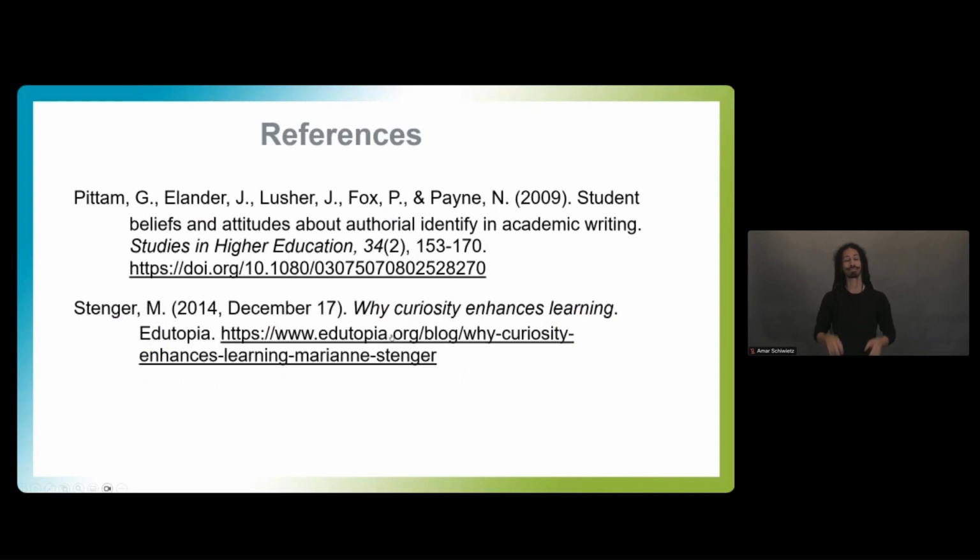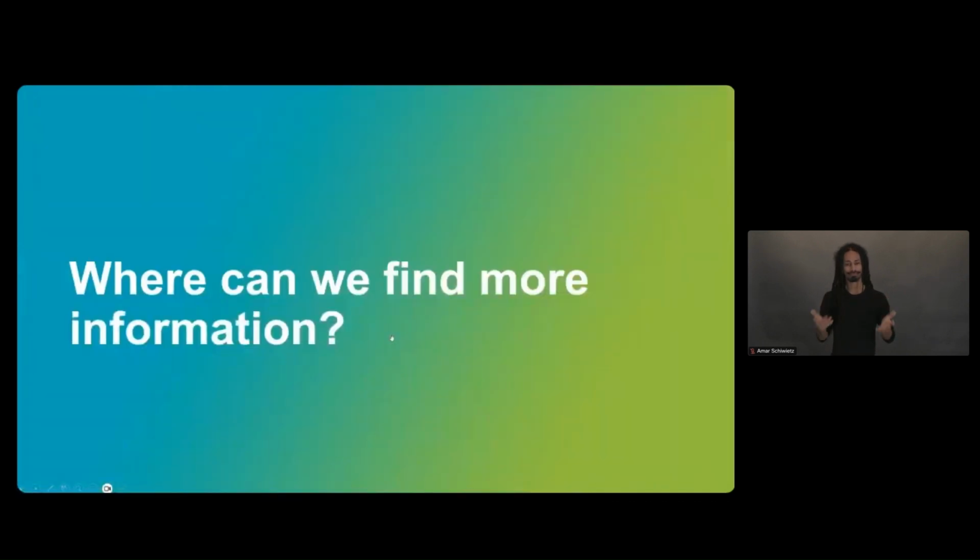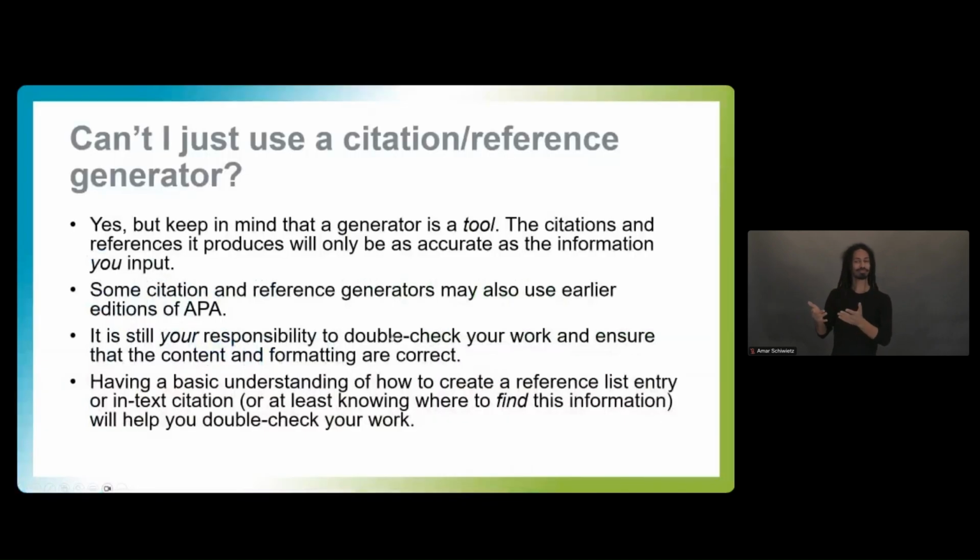Okay, so where can you go to find more information? Before we dive straight into that, I just want to take a moment to acknowledge that you may be using a citation or reference generator. Let's talk about that. So yes, you can use a citation or reference generator, but keep in mind that it is a tool.